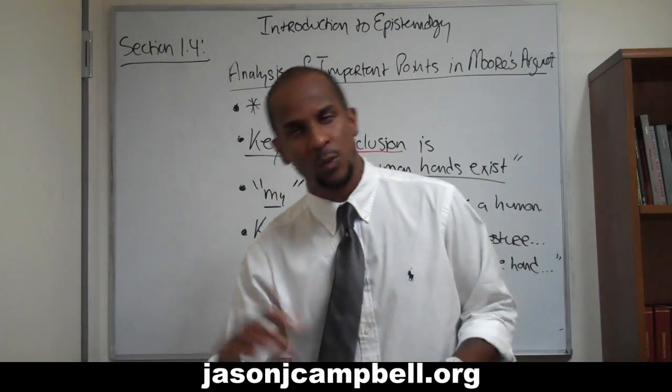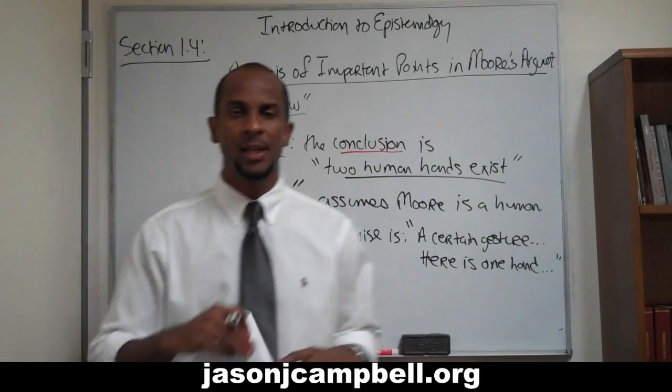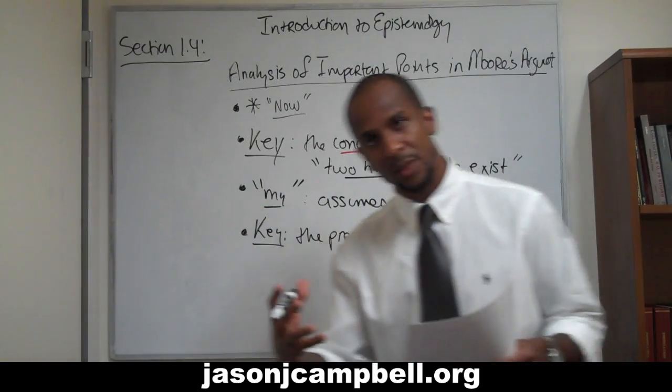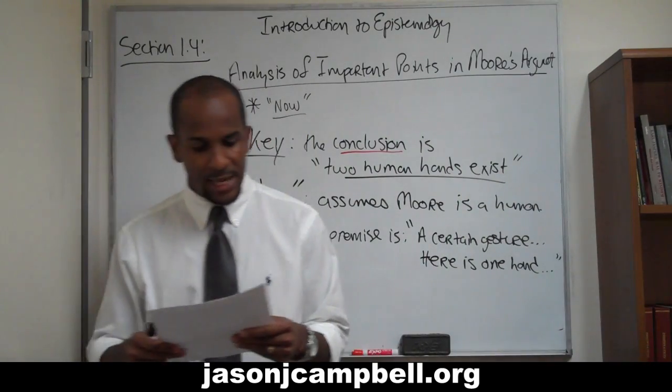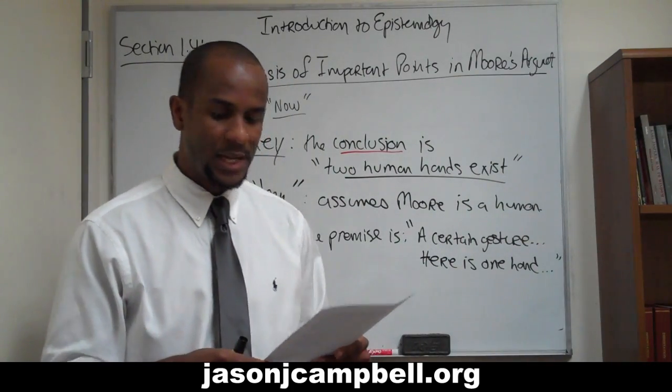A certain gesture, here's one hand, a certain gesture, and here's another hand. I arrive, as premise, at the conclusion that two human hands exist. And adding, as I make a certain gesture with the left, and here is another.